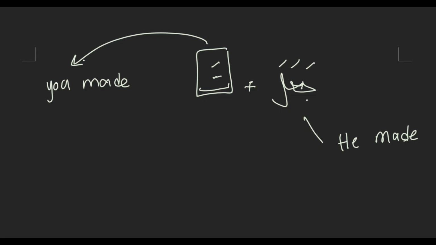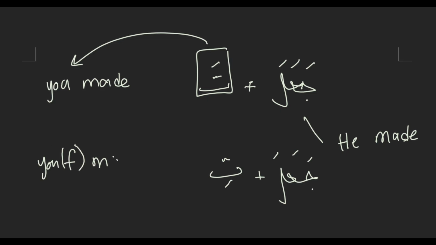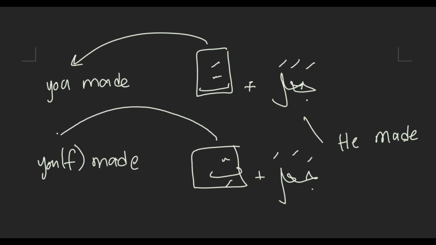Another example: ja'ala plus the ending t would translate as you feminine made. We're getting the you feminine from the t. You get the idea? We have a base form of an action, and then you add some ending to it, and that tells you what the doer is.